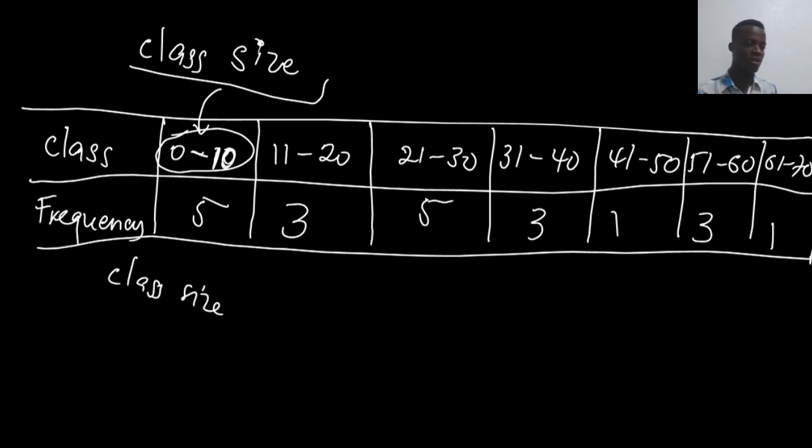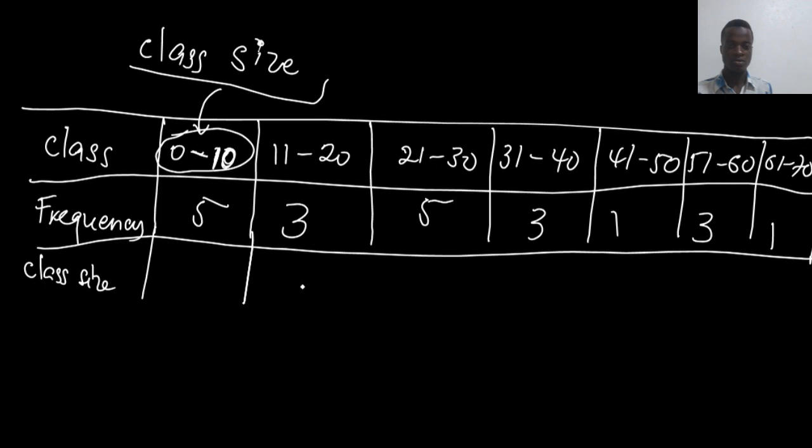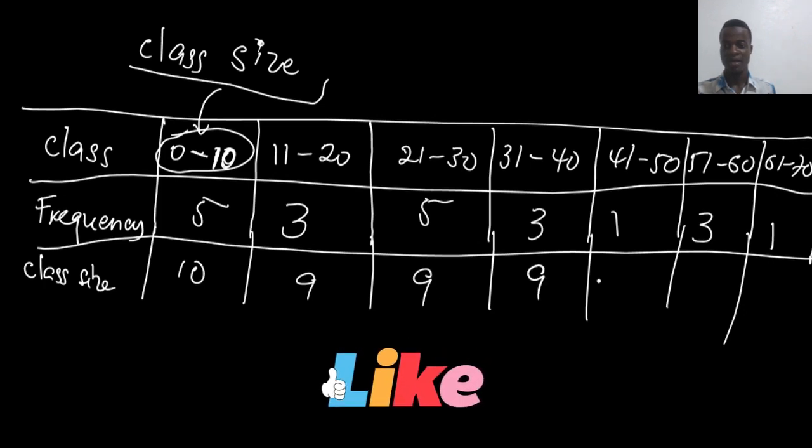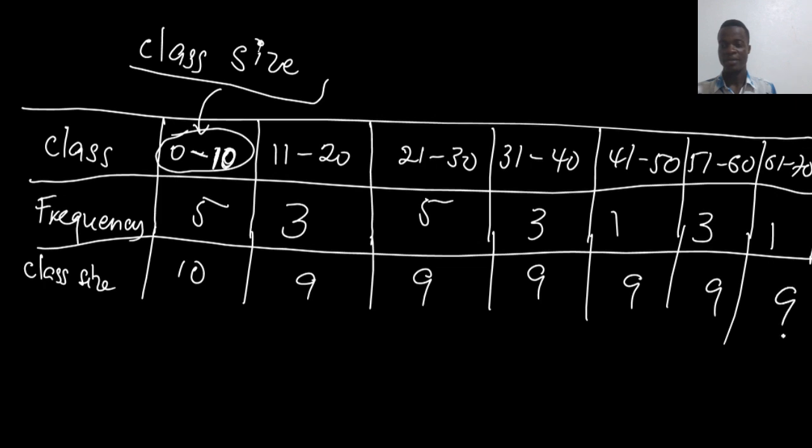Let me make a different category here, so the class size will come here. So now it's 10 minus 0, which is 10. 20 minus 11, that's 9, right? 30 minus 21, that's 9, and so on, 9, 9, 9.